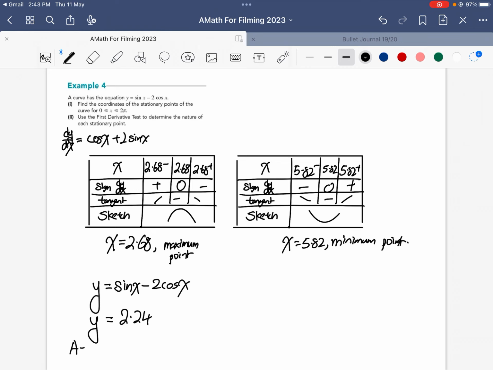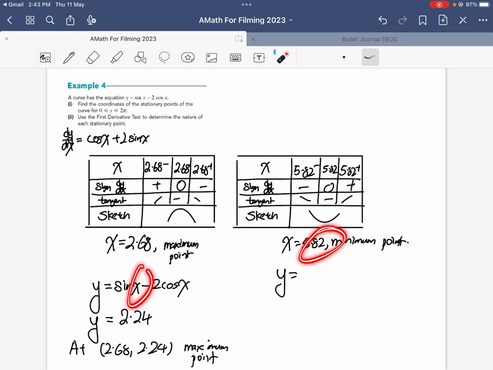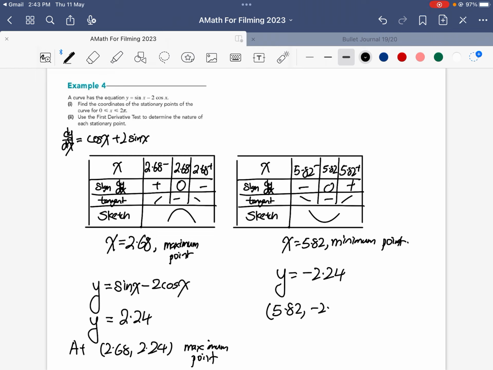So at 2.68, 2.24 is a maximum point. Similarly, if I plug my x value into y, what I obtain is y equals negative 2.24. So 5.82, negative 2.24 is a minimum point.